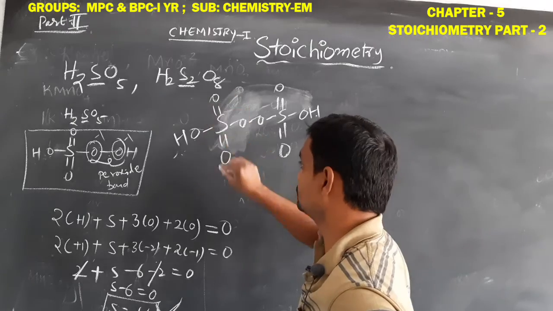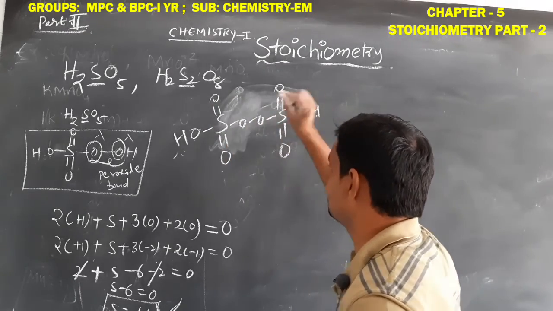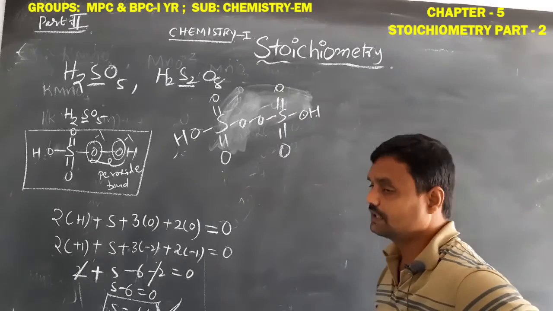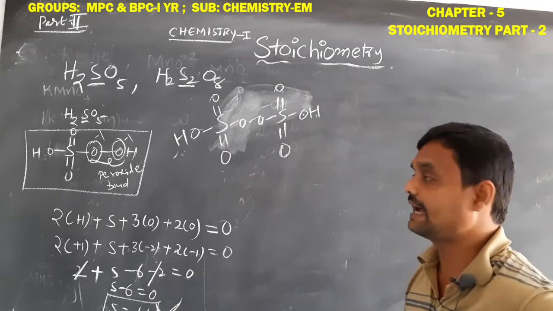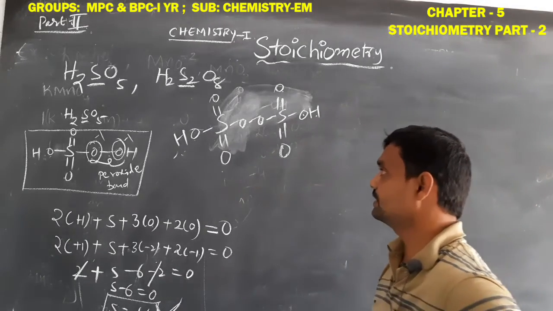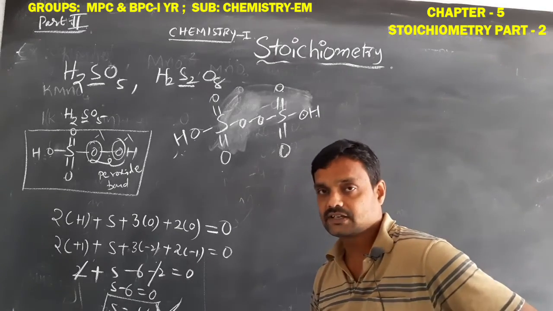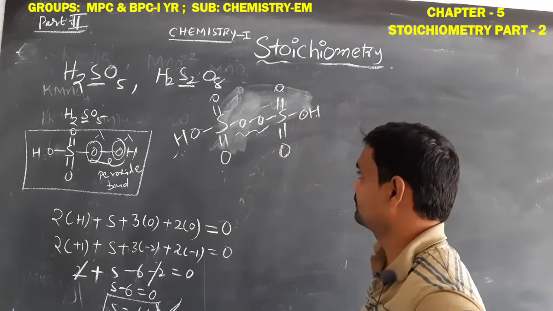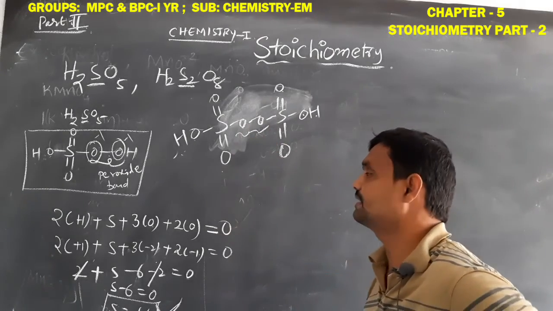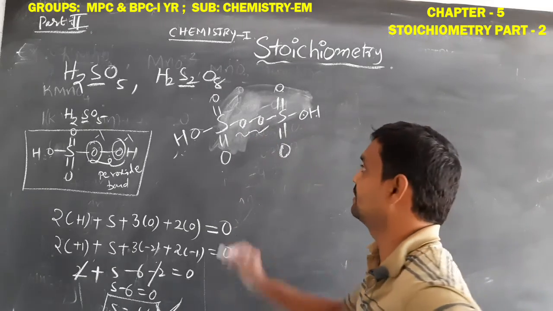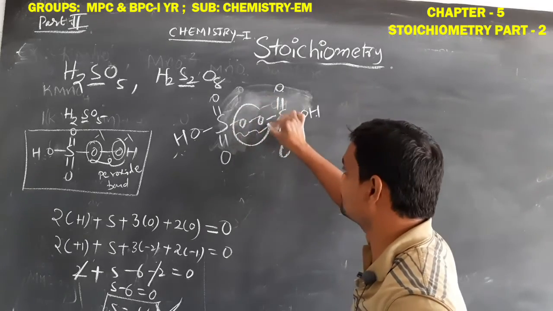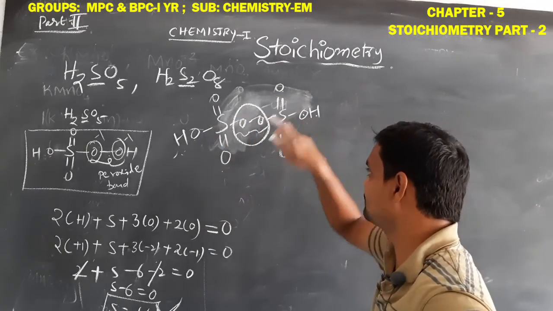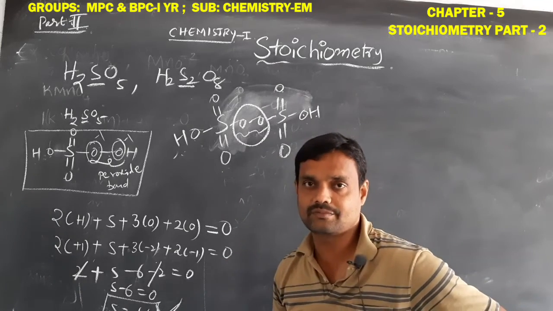One, 2, 3, 4, 5, 6, 7, 8. So this is the geometry of the H2S2O8, peroxydisulfuric acid. So H2S2O8. Let us observe which is the peroxide bond. This is the peroxide bond because these 2 oxygens are directly bonded with each other. So these 2 oxygens are involved in the peroxide bond. The remaining 6 oxygens are involved in the normal covalent bond.